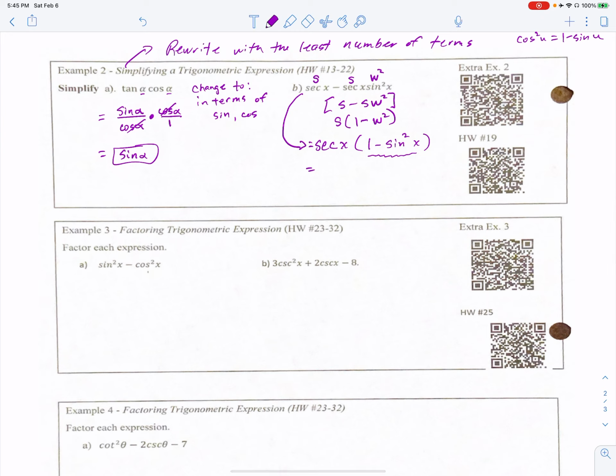So I'm going to write this cosine squared x. And then sometimes it's nice to change things in terms of sine and cosine, and secant happens to be 1 over cosine. And I can think of the cosine squared x as being over 1.